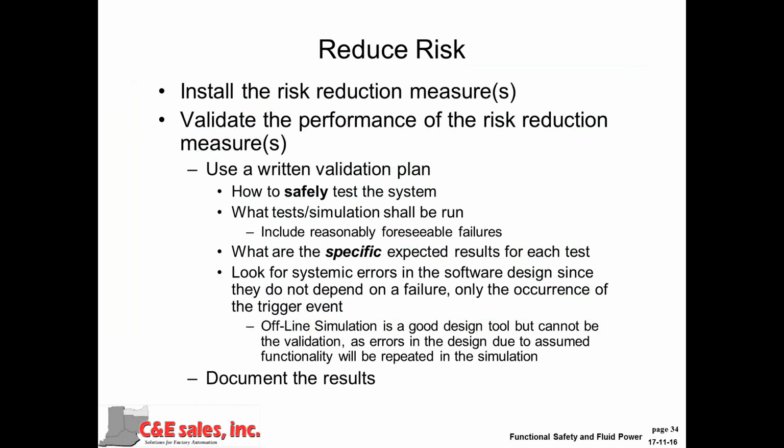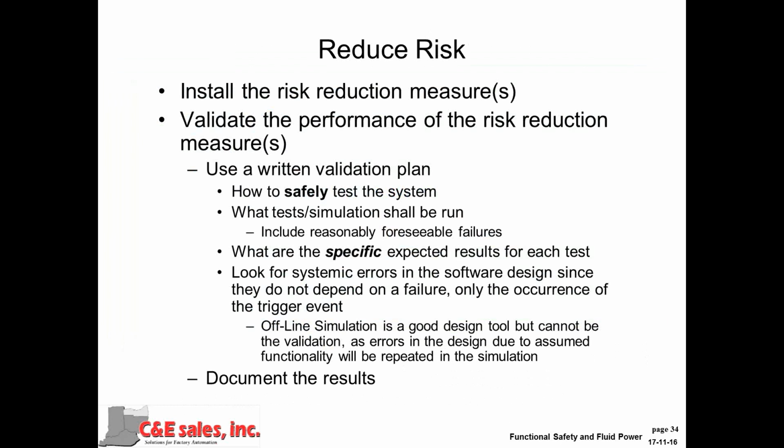Obviously, you should test or simulate the reasonably foreseen failure modes as well as all of the safety functions that you included. There should be a specific expected result for each test. If you have 2 contactors that are supposed to drop out when you open an interlock door, make sure both drop out, not just one, because that's part of your design.